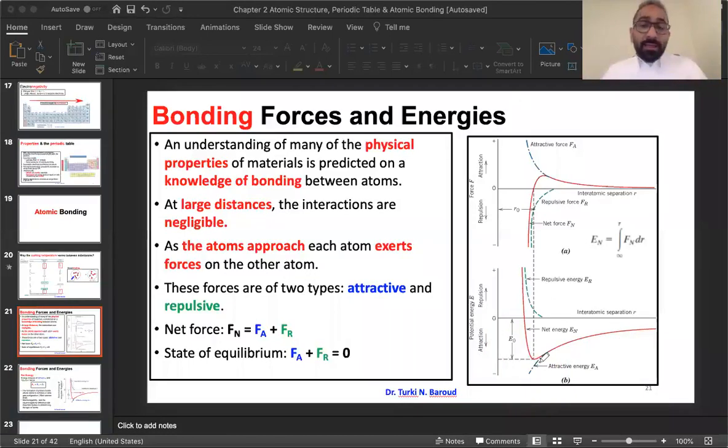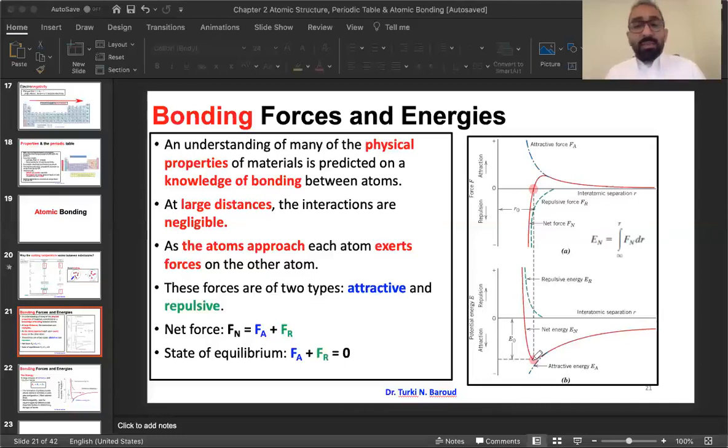Again, the two atoms will have a bond when F net equals 0 and when E net is at its minimum. A common mistake every semester: when students do the calculation later, as you go in the book, there's an example about this, they consider that there will be bonding when E net equals 0.